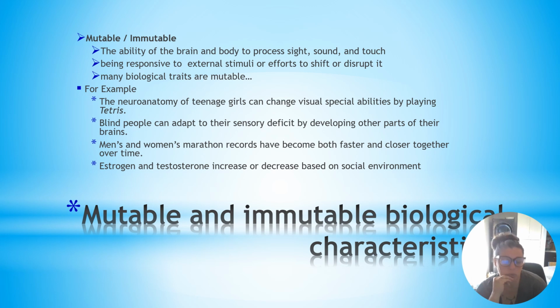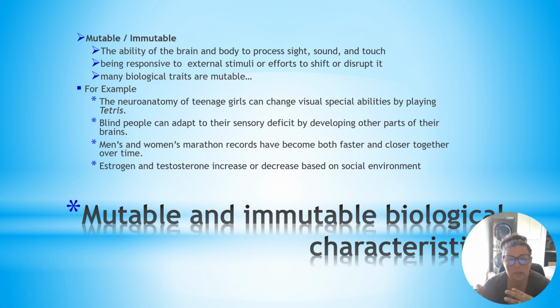Another way in which the science defines traits as real is whether or not those traits are mutable or immutable. To be mutable means that the trait can be changed or influenced based on your external environment.